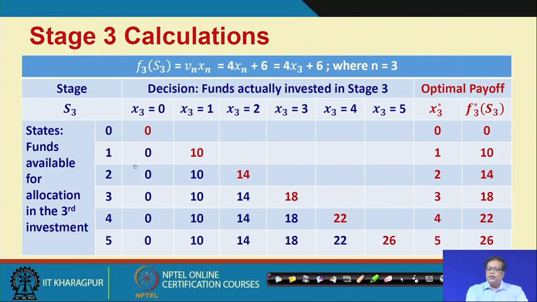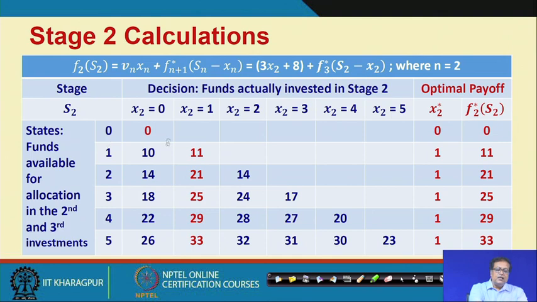Going one step up, if you spend one amount in the x3, the optimal profit is 10. So, what will be your optimal profit at this stage? If you have remaining money 1 and you spend nothing at this particular investment option, it must be 10, because this portion is 0, this portion is 10. So, that gives us 10.